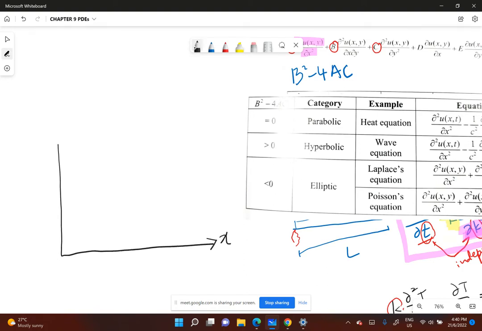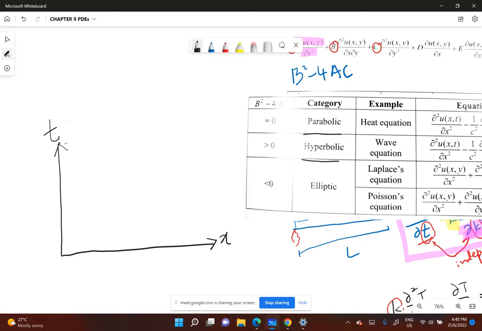Satu x, so satu lagi untuk parabolic and hyperbolic, the y-axis will be t, not y. Cuma elliptic saja, Laplace equation and Poisson equation, the variable here will be y.